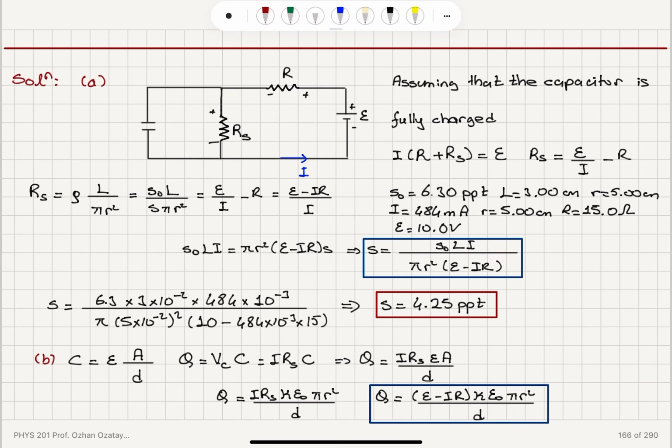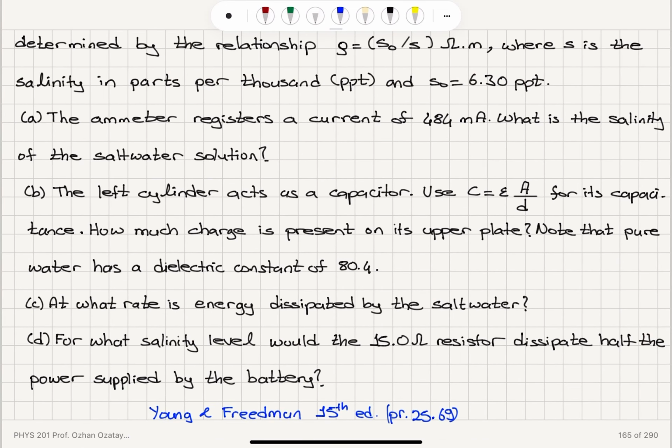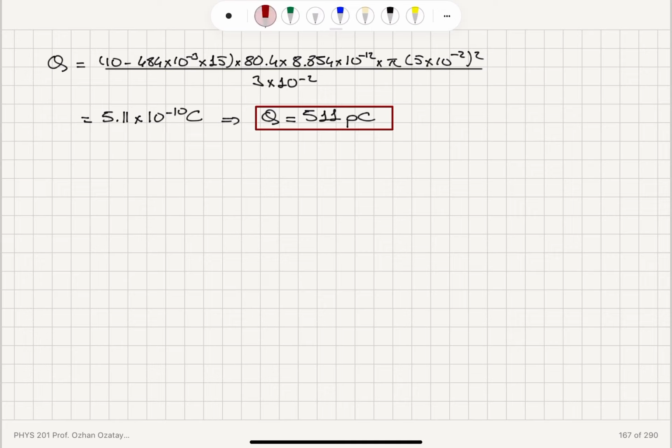Now looking at part C of the problem, at what rate is energy dissipated by the salt water? Okay, so that is part C. The energy dissipation rate is the power. It is the current flowing through the seawater, I square, multiplied with its resistance, Rs, which is I times IRs, which is epsilon minus IR.